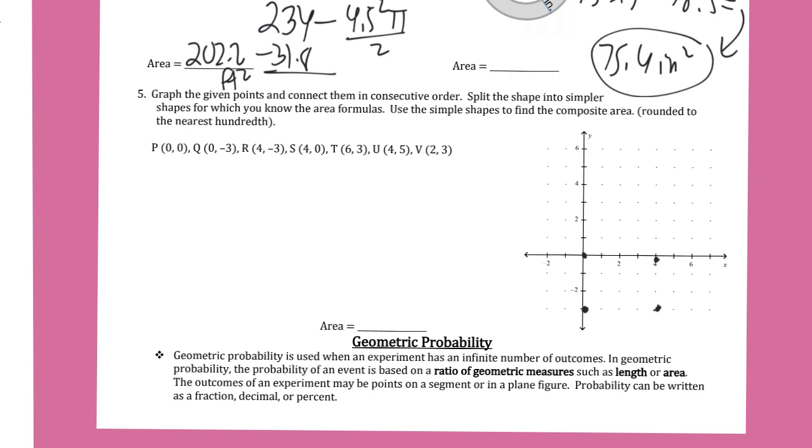And then we have, let's see, 4, 0, 6, 3. Okay, 6, 3, 4, 5. Okay. And then what else do we have? 2, 3.